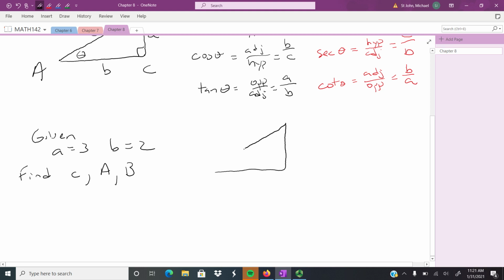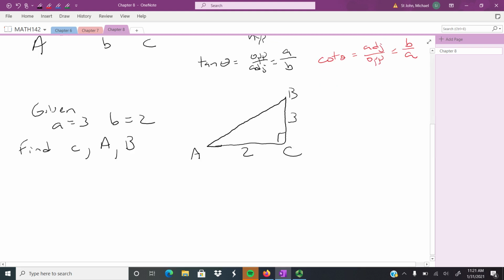It always looks something like this. This is going to be 3. This is going to be 2. Here's my right angle. So this is A, this is B, and this is C. Right?